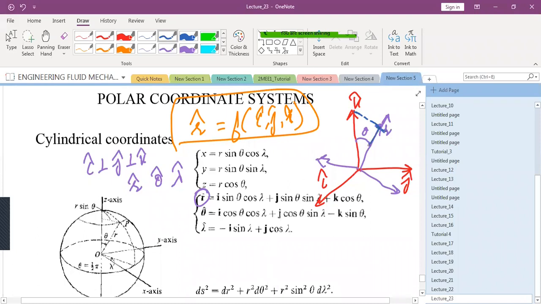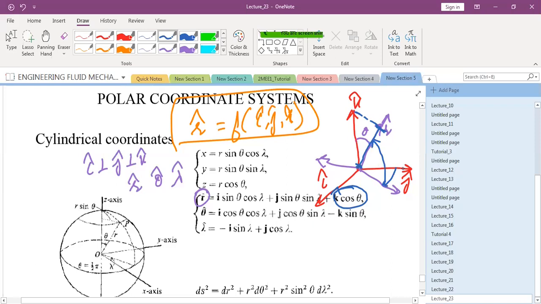So this is k cap cos theta. What about j cap? This is the j cap direction. I want to reach this location. First, I will come to this location and then I will go to this location.